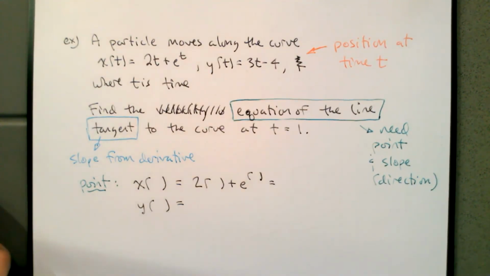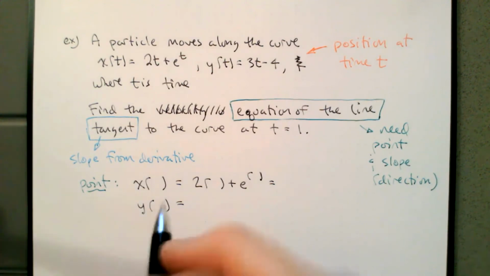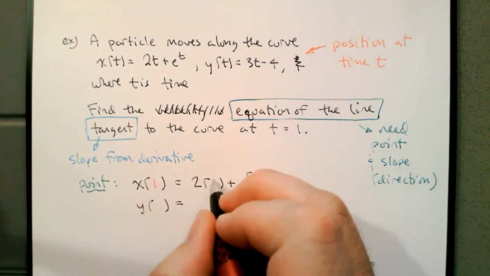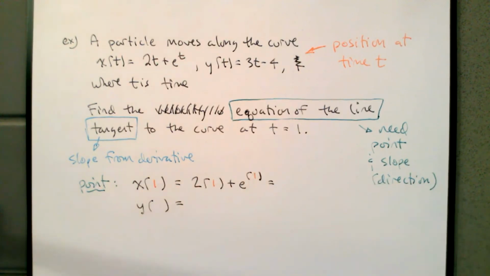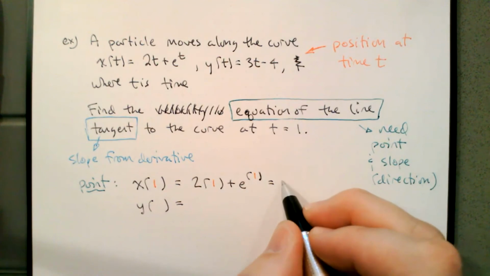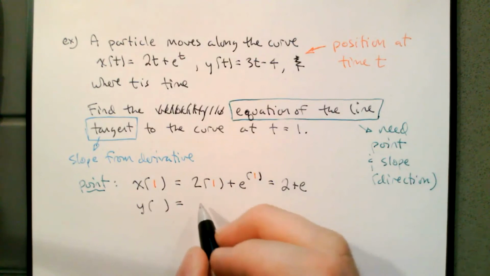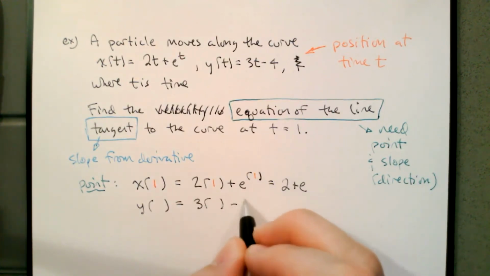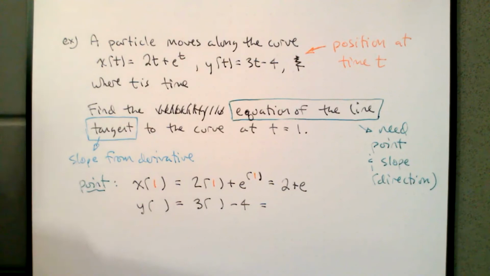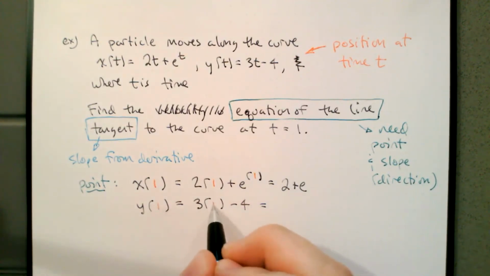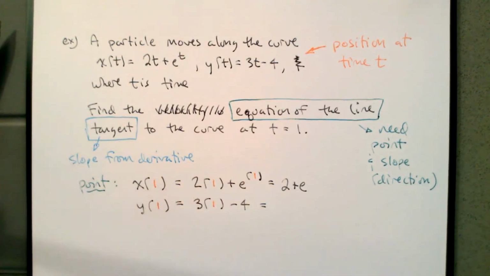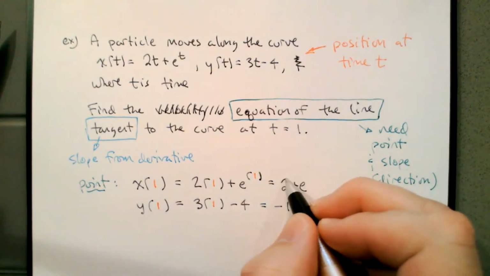So if we plug in t is equal to 1, we end up with 2 plus e to the 1, which is just going to be 2 plus e, write the exact form. Y of 1 will be 3 times 1 minus 4. So y of 1 is negative 1. So now we have a point, 2 plus e, comma, negative 1.